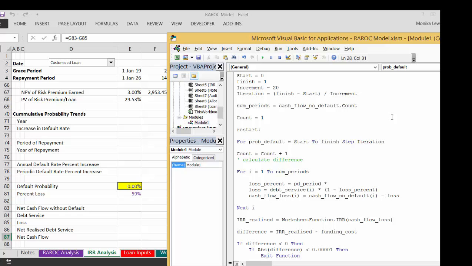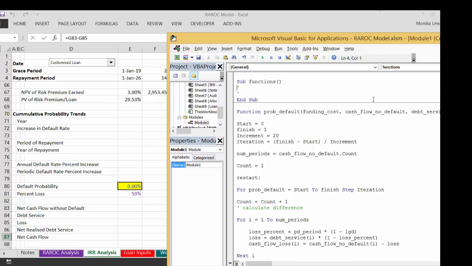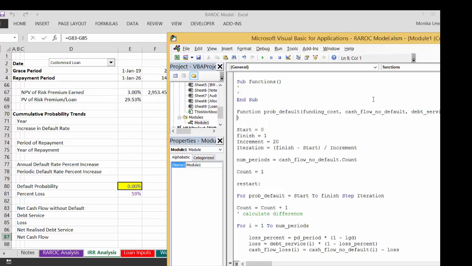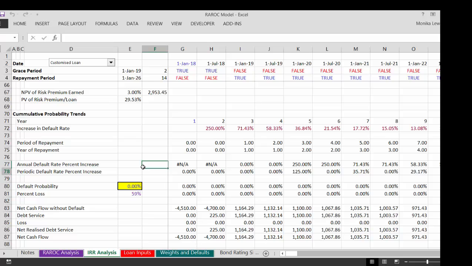And that we multiply by 1 minus the loss given default. That's a pretty easy one, so we better read in the loss given default. So far, so good, I think.